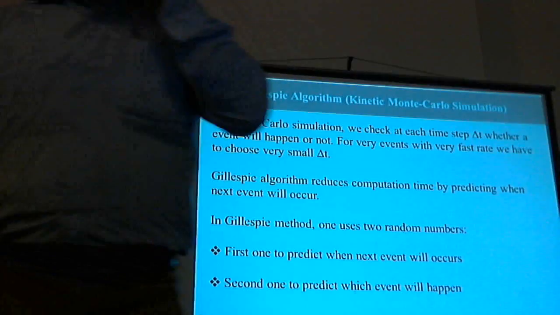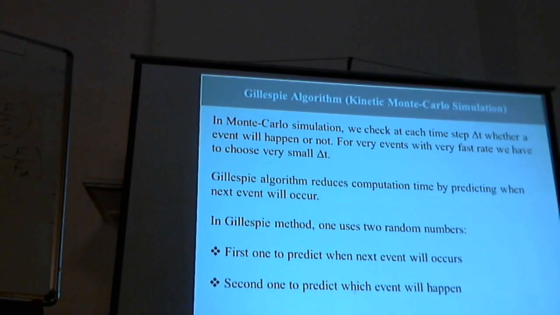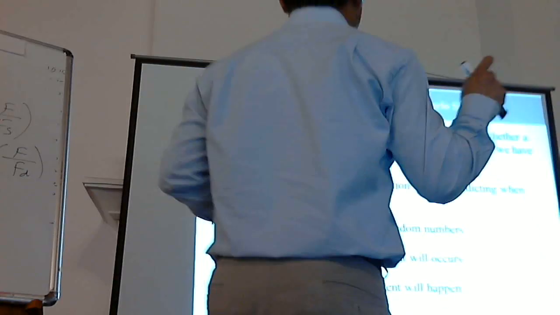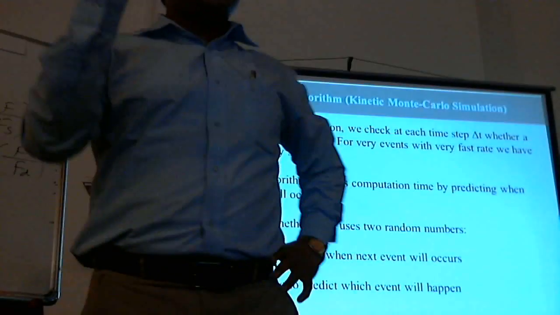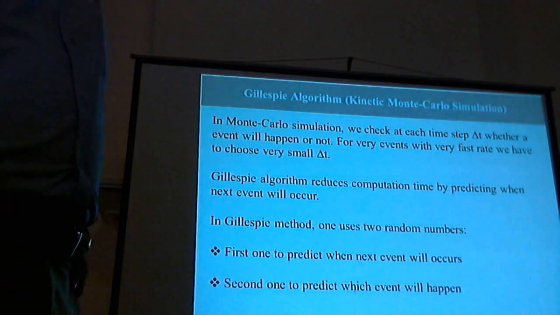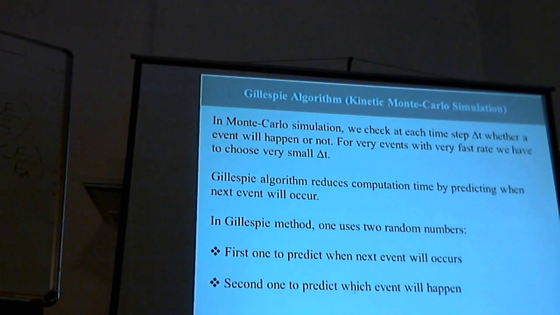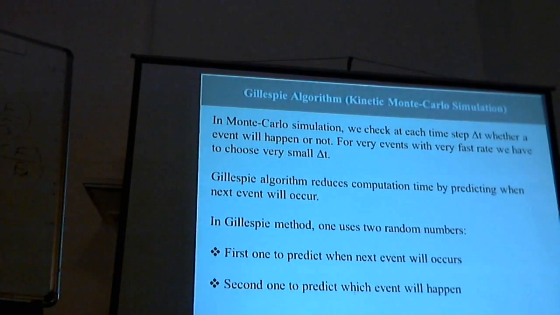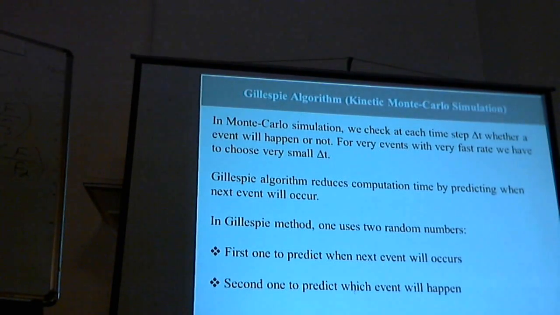When we are doing a simple Monte Carlo simulation, we choose a time step delta t, and that delta t is determined by the fastest reaction rate. Suppose I have to simulate something for 60 seconds, and my time step is 0.001 second.